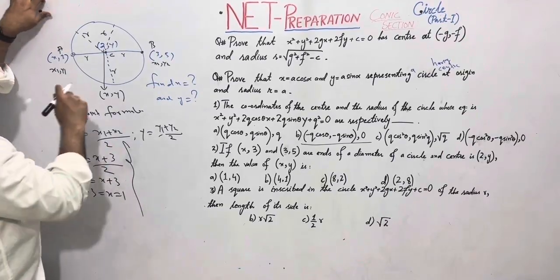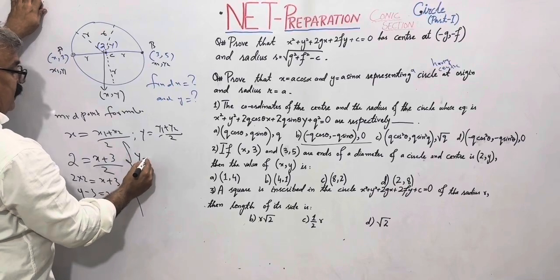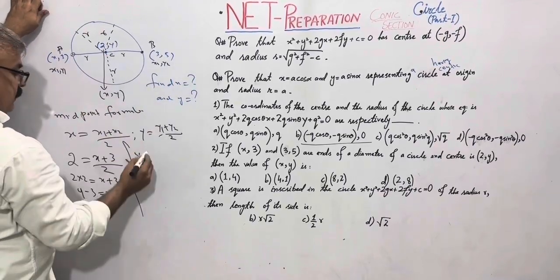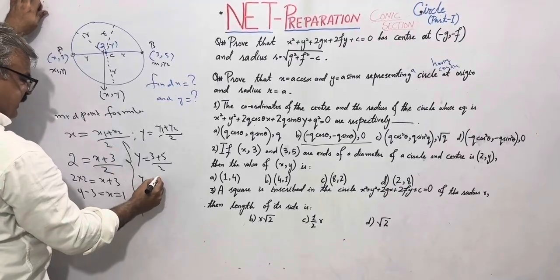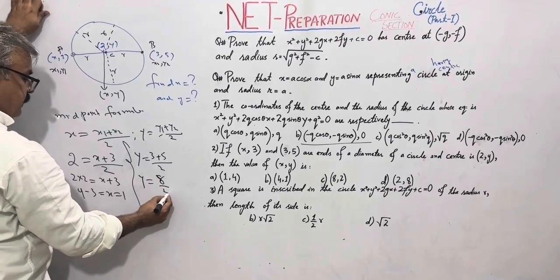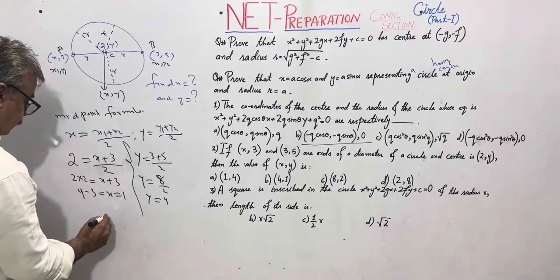Similarly, y is equal to (3 + 5)/2. The sum of 3 and 5 is 8, 8 divided by 2 is 4. So the value of x is 1.